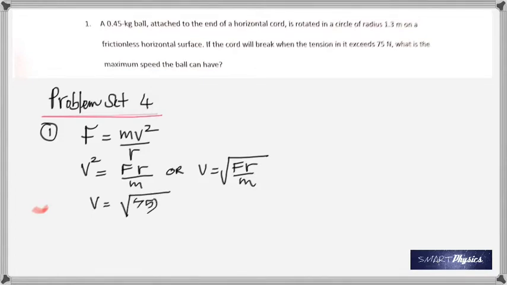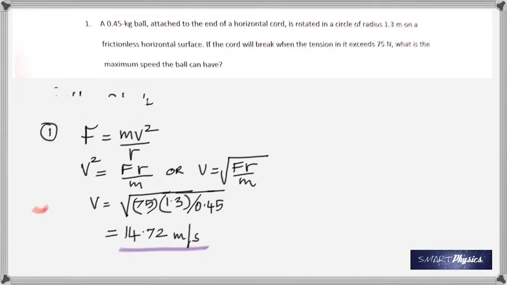Force is 75 newtons, radius is 1.3, and the mass is 0.45. So the answer is 14.72 meter per second. So that's question number 1.